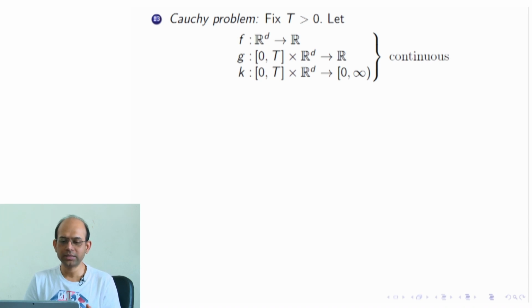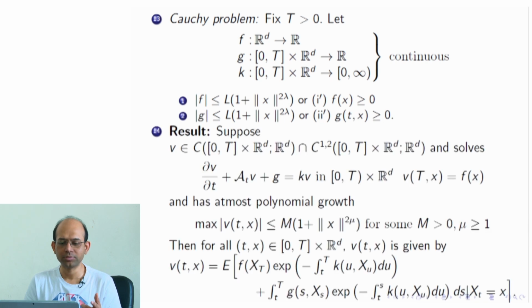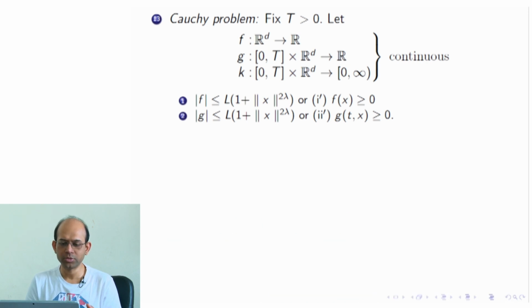So here let f, g, k be continuous. These have exactly the same meaning: g is the Lagrangian, k is the potential, and f is the terminal condition. Then f has at most polynomial growth, polynomial degree 2 lambda, and g is also at most polynomial growth.